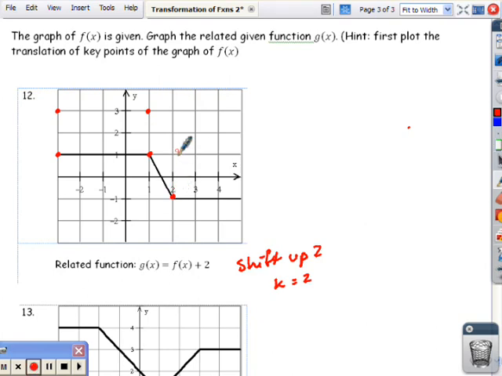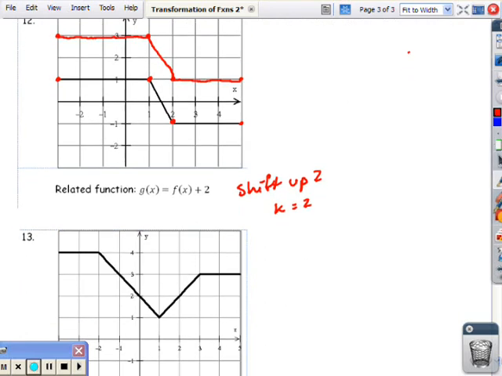Shift it up 2. And here, shift it up 2. And now I can draw the graph. And there you go.